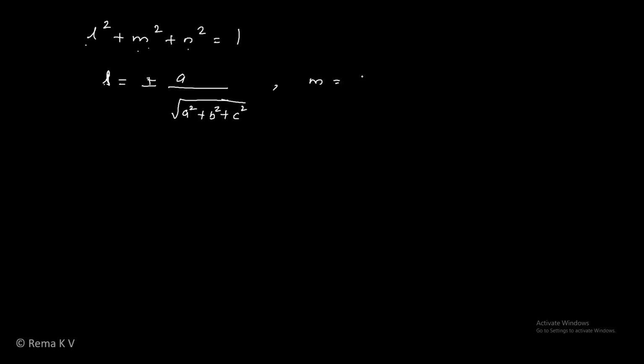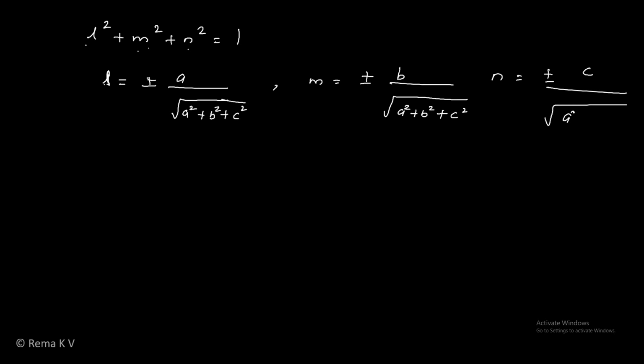M is equal to plus or minus b divided by root of a square plus b square plus c square, and n is equal to plus or minus c divided by root of a square plus b square plus c square. This is the relation between the direction ratios and the direction cosines.